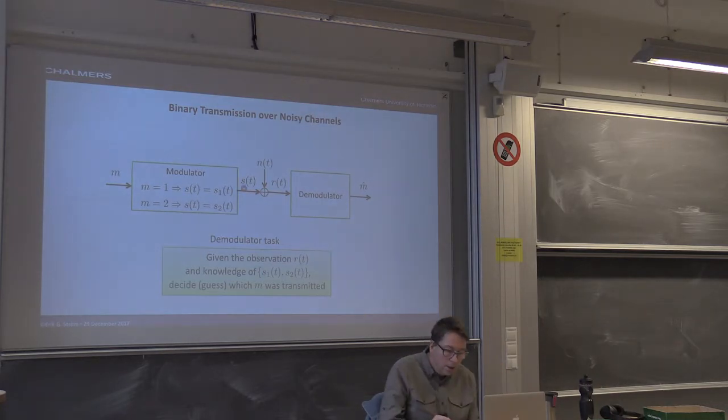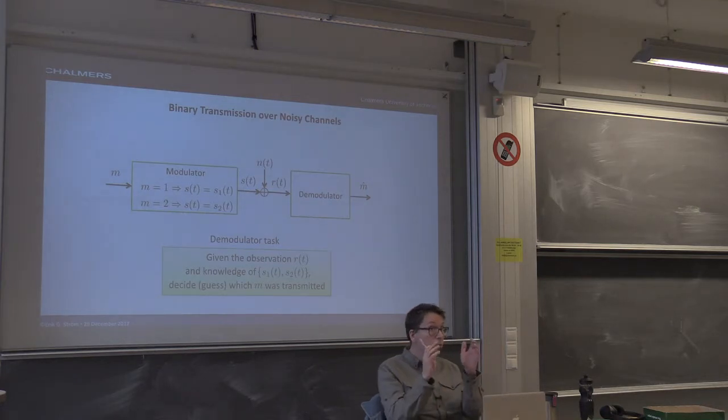Okay. Then this signal S goes over the channel where it gets some noise, and then it becomes the received signal here, R. And then it goes through the demodulator. And the purpose of the demodulator is to look at R and make a guess on what M was, because M was the transmitted bit. And then it makes a guess, M hat.